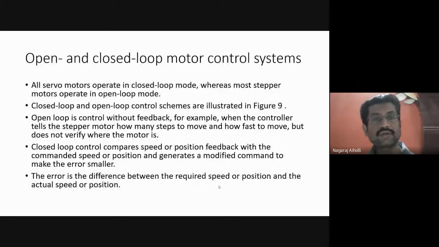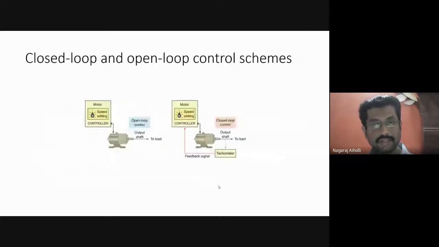Next is open and closed loop motor control systems. We already covered feedback in the previous discussion. It is almost the same here. Now the normal motors are open loop systems. The meaning of open loop is, as you can see in this figure, this is the motor and this is the PLC.